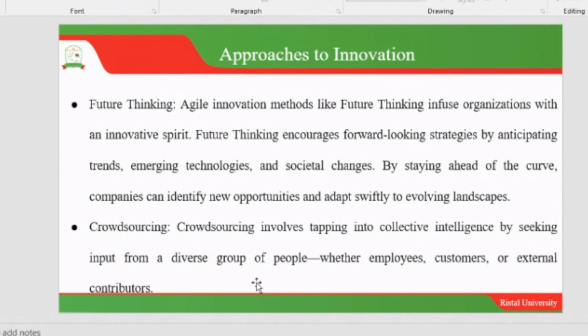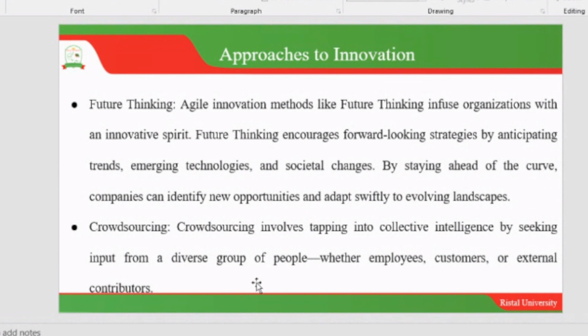Then you can scale it up to the population that you are targeting. Then we have future thinking, which is an agile innovation method that infuses organizations with an innovative spirit, and it encourages forward-looking strategies by anticipating trends, emerging technologies, and societal changes.